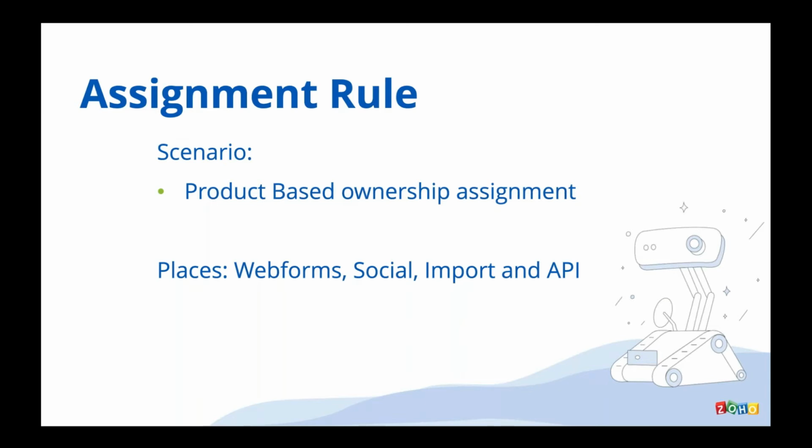So the places that we actually incorporated these assignment rules are the web forms, the social, which is pretty new, we just introduced 3 months back, import, and the API. So in all these places, you can make use of this assignment rule to assign the ownerships. So let's get into the demo of that.